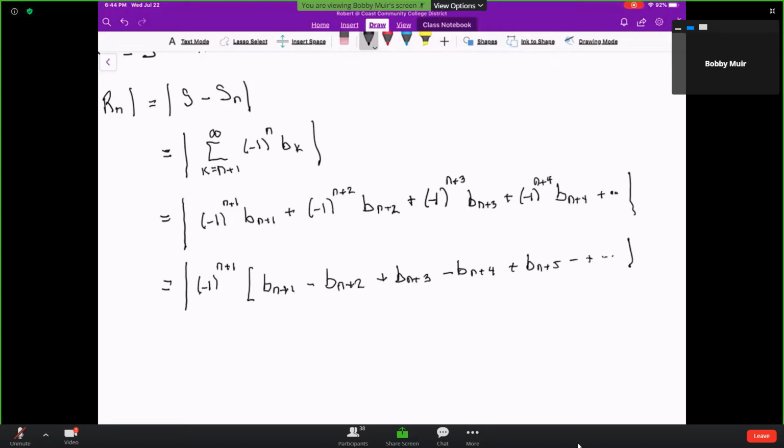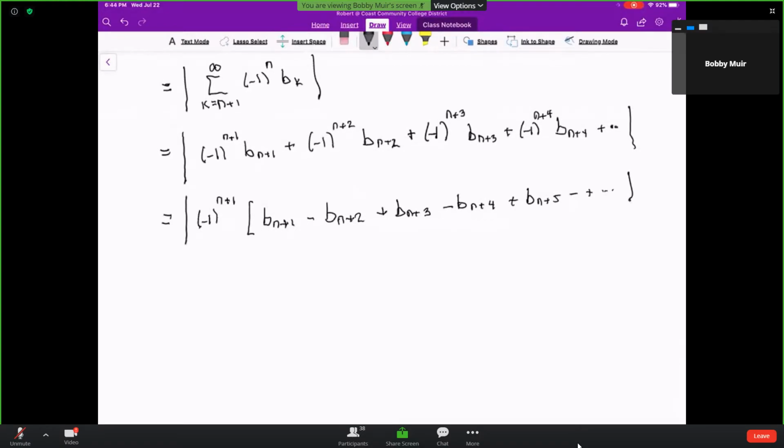Now the absolute value of -1 to the n plus 1, that just goes away. So this ends up being b sub n plus 1, then it's going to be minus b n plus 2 minus b n plus 3.